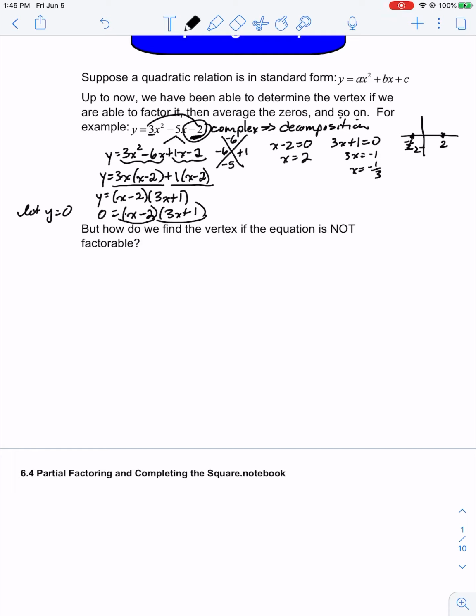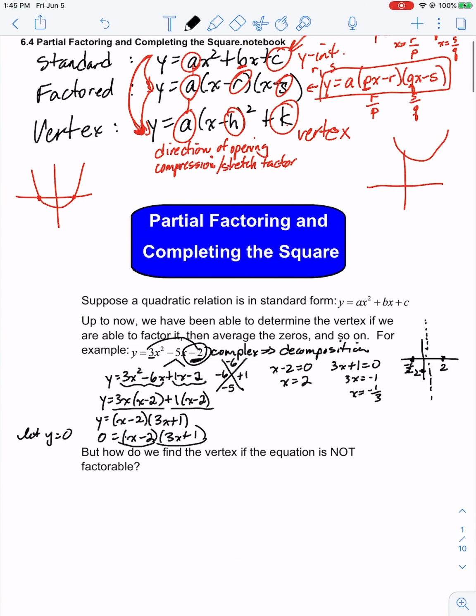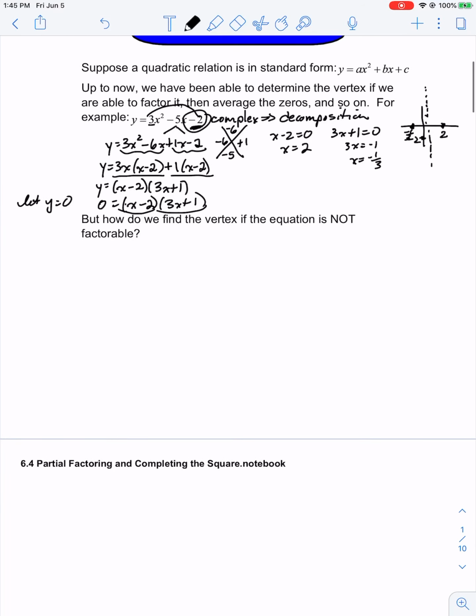It's crossing the y-axis at negative 2, and we know that the axis of symmetry is somewhere in between negative 1/3 and 2. So let's find out where that is. And remember, the axis of symmetry is where the h or the x coordinate, so the vertex in this case would be (h, k). So when you average your zeros, you're basically figuring out the h.